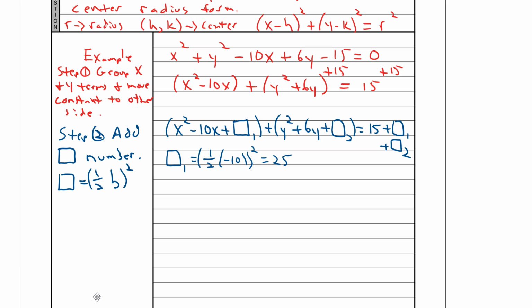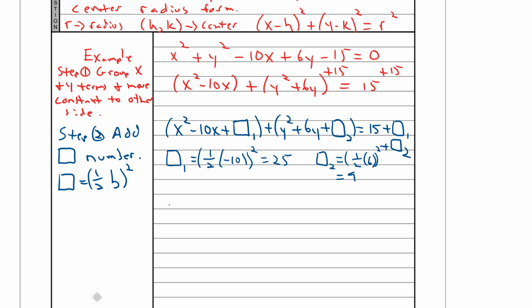Box 1 is going to get a 25. Box 2 is going to be half of 6 quantity squared. Half of 6 is 3. 3 squared is 9. Box 2 is going to get 9. I'm going to come on down and write that in.